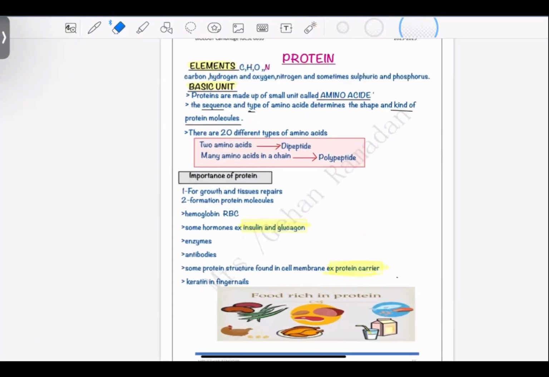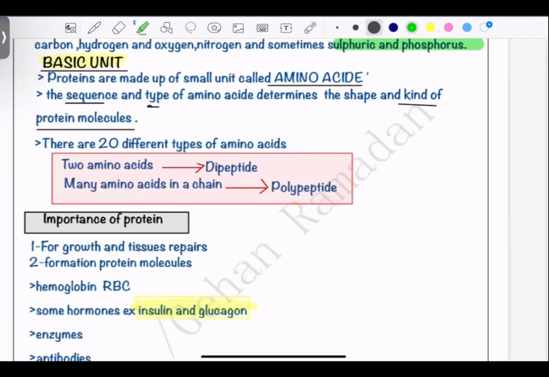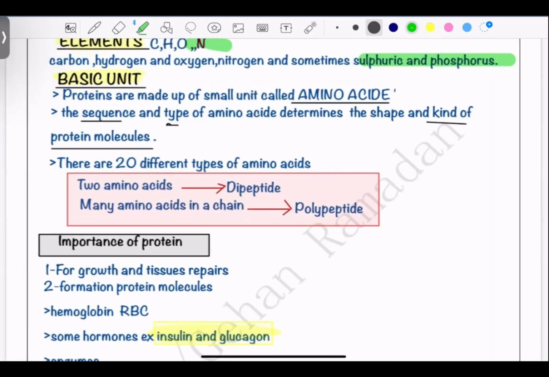We move now to proteins. We said that the elements are carbon, hydrogen, oxygen, and most of them contain nitrogen, and some of them contain sulfur and phosphorus. What is the basic unit? The question comes when we break down the proteins.